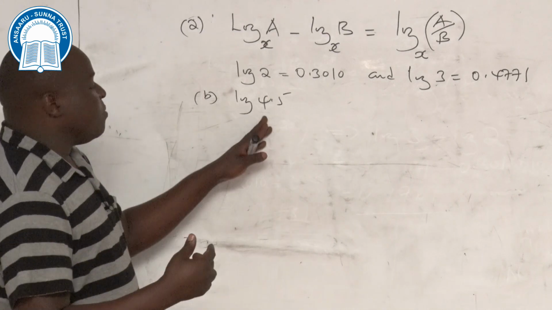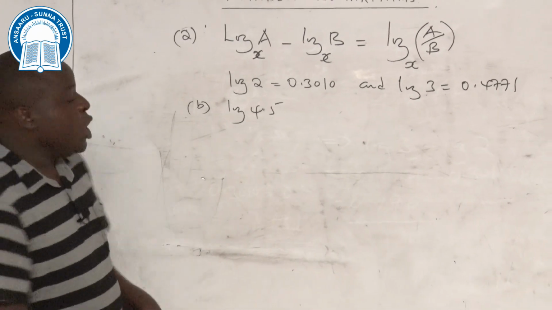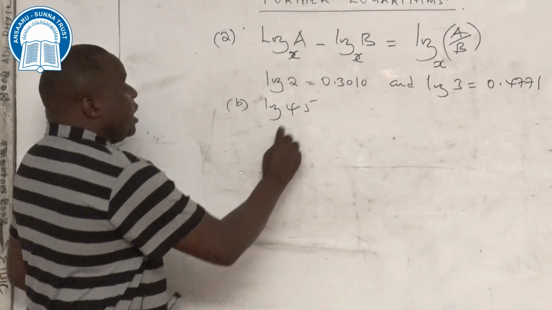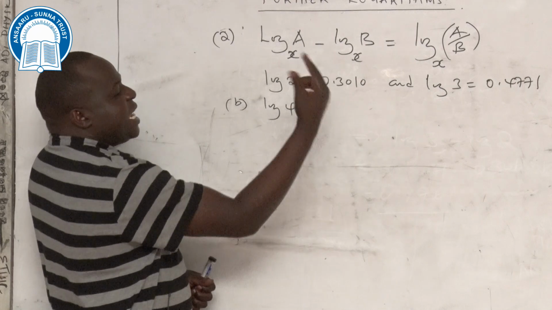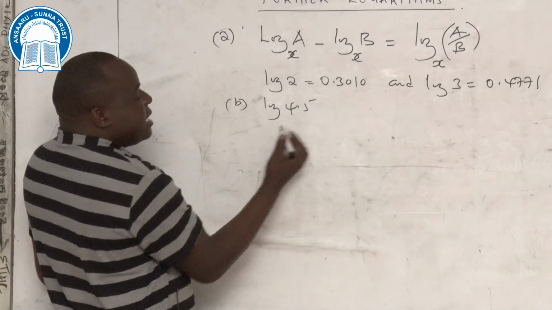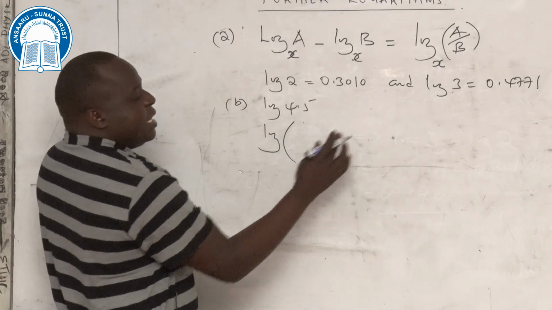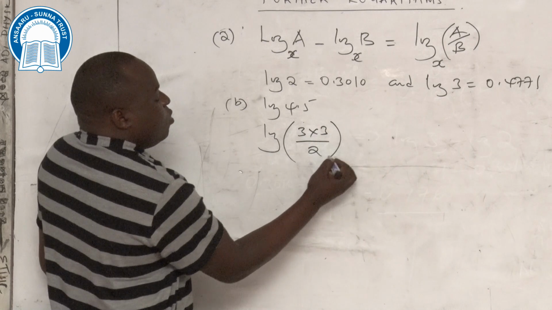And if I divide something by 2, the original number should be this number multiplied by 2. 4.5 multiplied by 2 is actually 9. So if I have a 9 divided by 2, I get 4.5. Then that simply means this statement is the same as log 9 over 2. But 9 is the same as 3 times 3, then divide by 2.